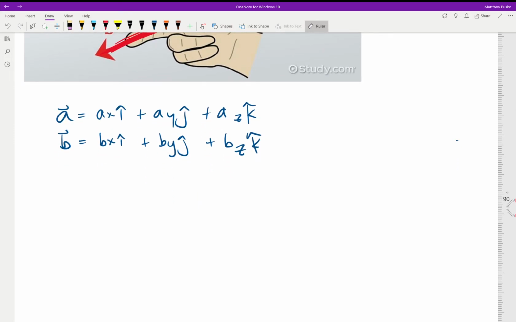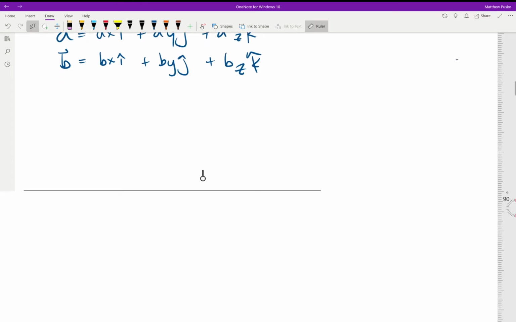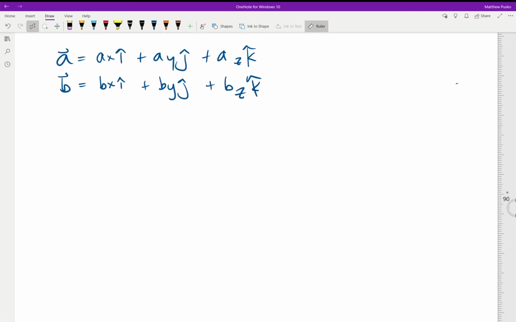So let's say we're given two vectors, A and B. Each vector has an x component, a y component, and a z component.